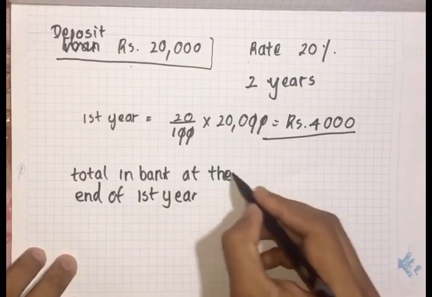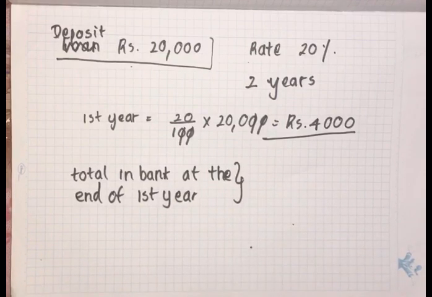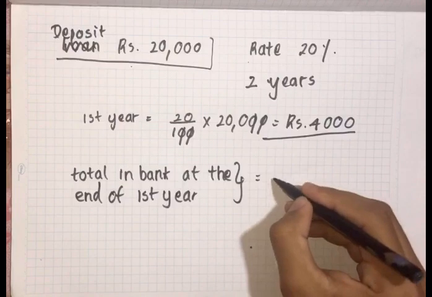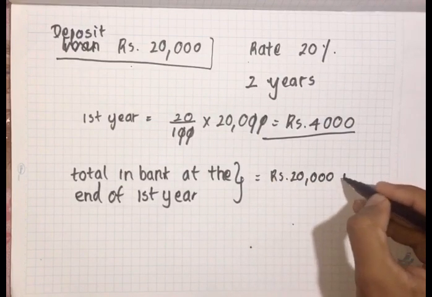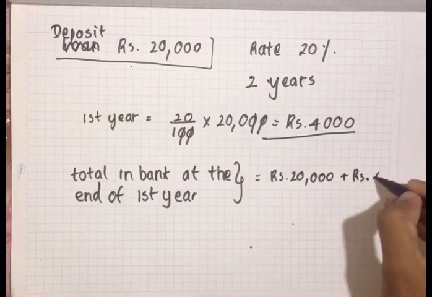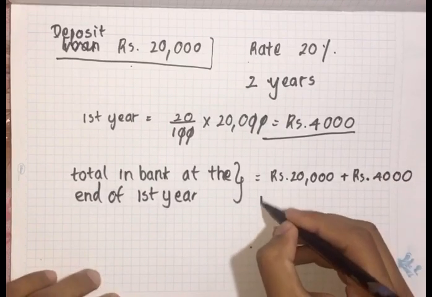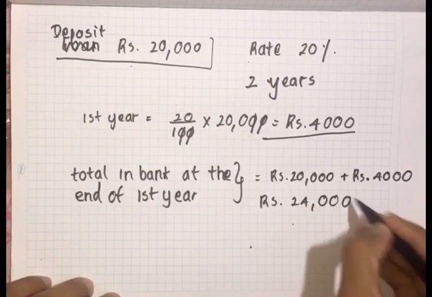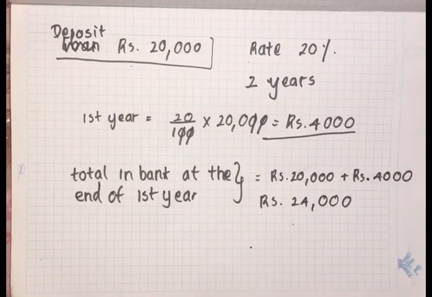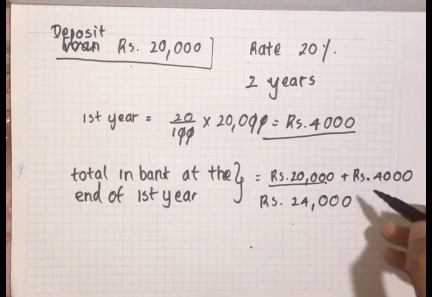Now you have altogether 20,000, and also with this you have to include 4,000. That is equal to 24,000.